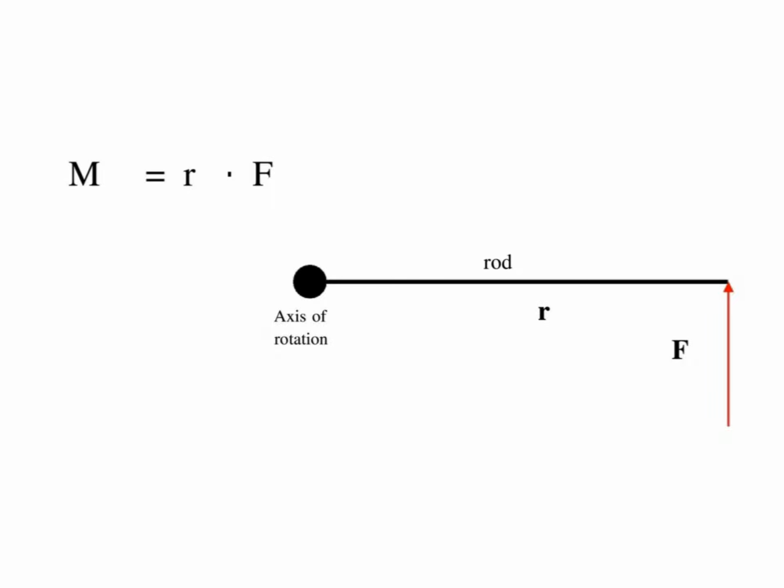Torque equals force multiplied by the moment arm. The definition of moment arm is the perpendicular distance between the axis of rotation and the force. So in this case, the moment arm will be the length of the stick if we're pushing here with the force. So the torque in this case will be F times R.